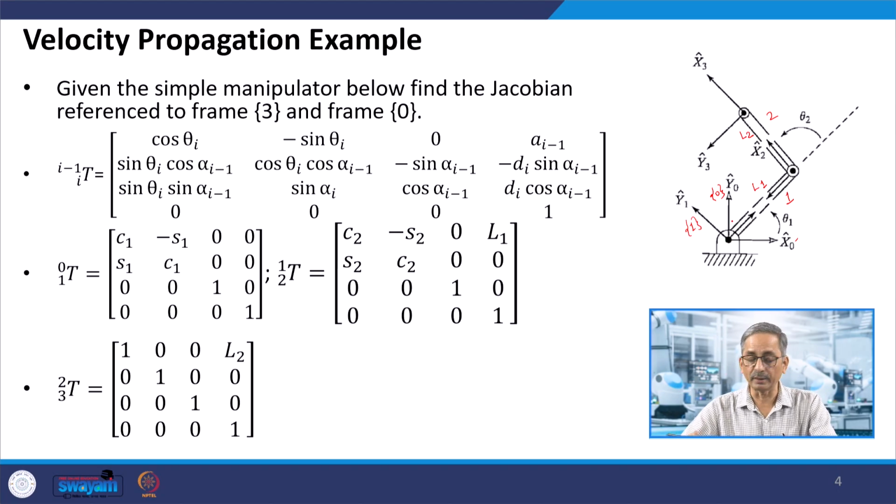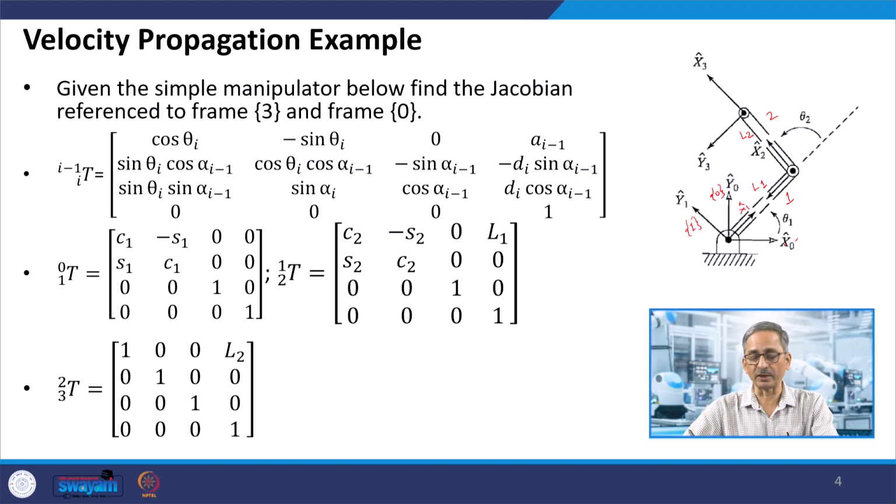So frame 1 is over here, and as per DH notation the link length is assumed to be along the x axis. So this is your x1 cap here. And at the beginning of the second link we have this x2 cap, y2 cap, and these are the joint angles.